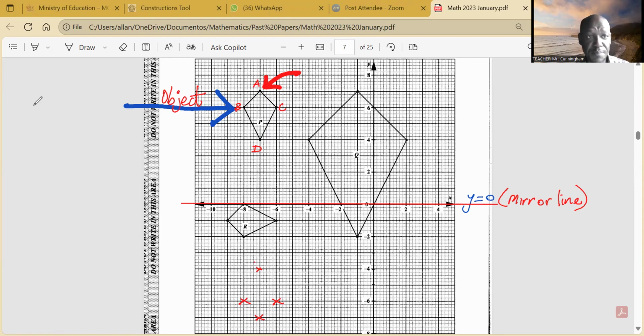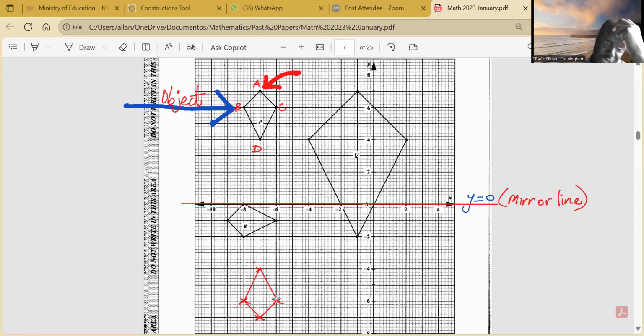And then you use your ruler. And this is your image. Antonio, this is your image.